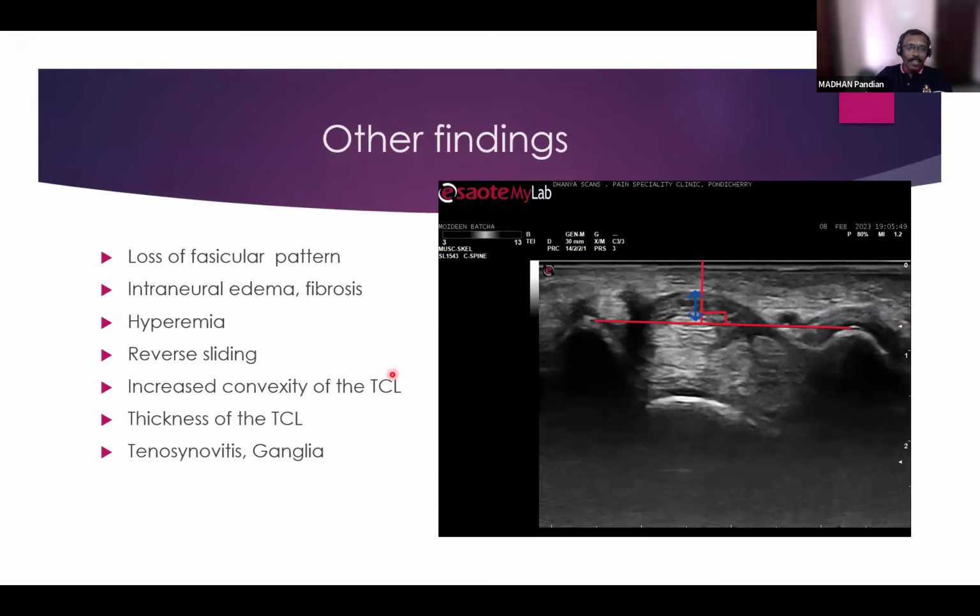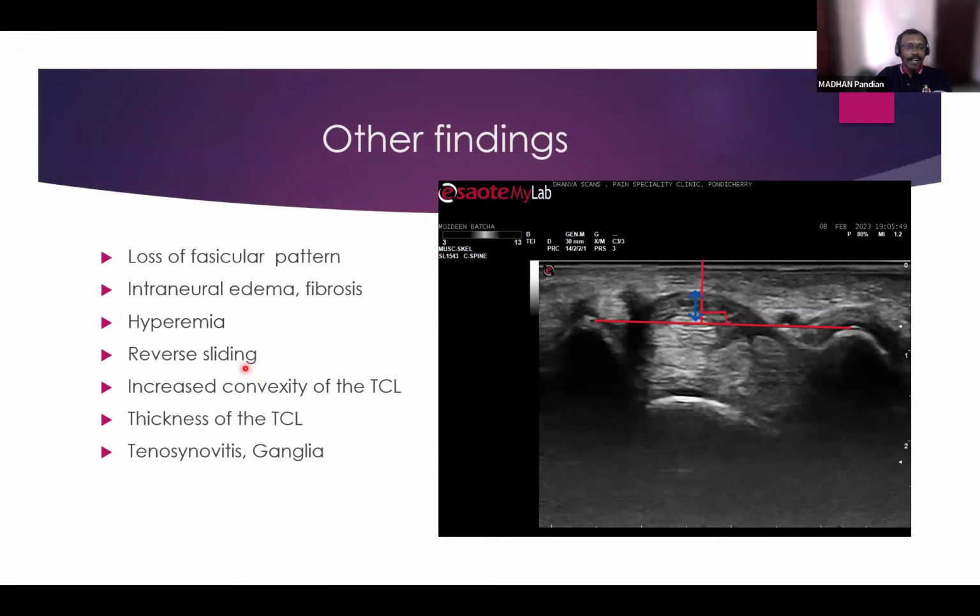So what are all the other findings which you want to see? The loss of fascicular pattern. As all of us anesthetists know, a lot of fascicles can be seen in a normal nerve, which will be lost. There can be an intraneural edema and fibrosis. Hyperemia can be there. One vessel within the median nerve is a normal finding, but many pulsatile arteries within the nerve is abnormal.